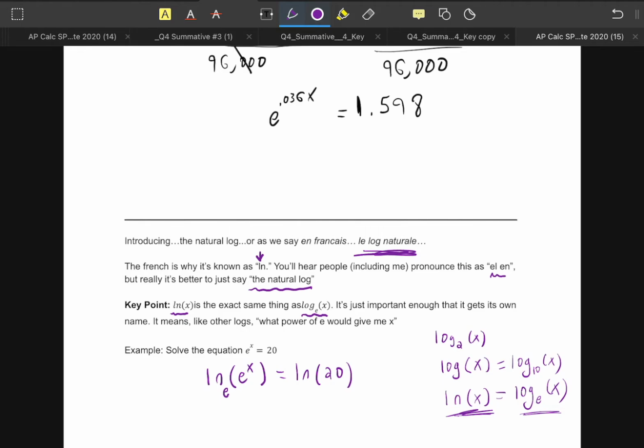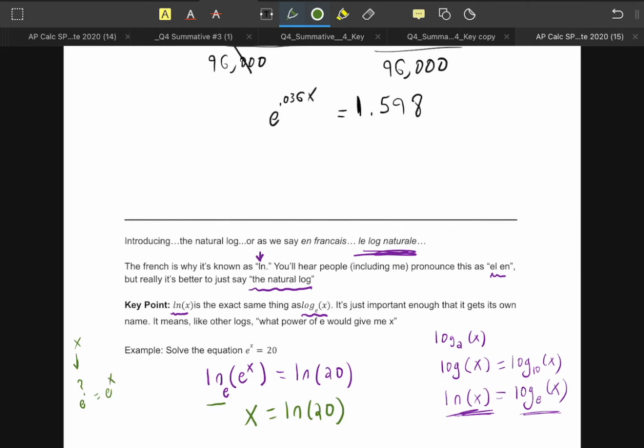Natural log means what power of e. And so this is saying what power of e is equal to e to the x? Well, it's kind of a stupid question. It's just x. E to the x is e to the x. And so the natural log and e cancel each other out, and we just get x here. So that's why x would be the natural log of 20.